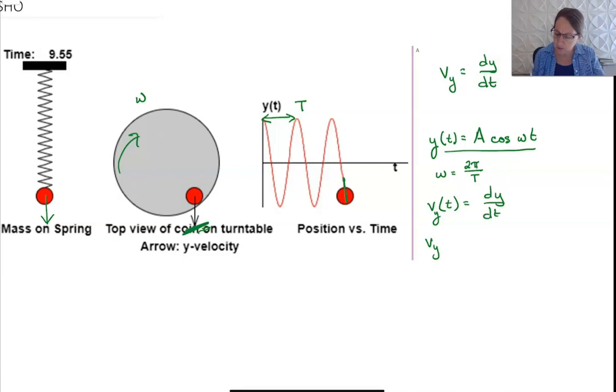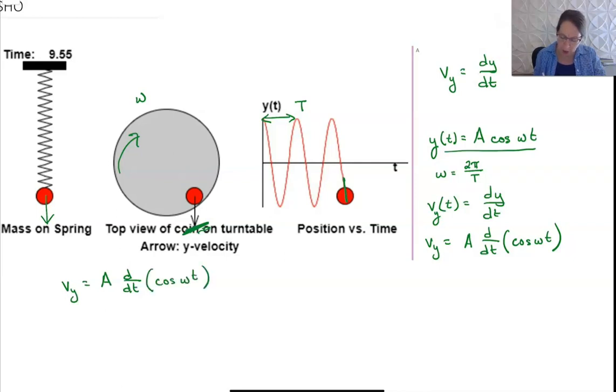So if we take that derivative, we're looking at a times the derivative with respect to t of cosine omega t, because a is a constant, we can pull it out. Just to remind you how that goes, Vy is equal to a times the derivative with respect to t of cosine omega t. We're going to take the derivative of cosine, which gives us a minus sign, but then we've got to do a chain rule because it's not just cosine x.